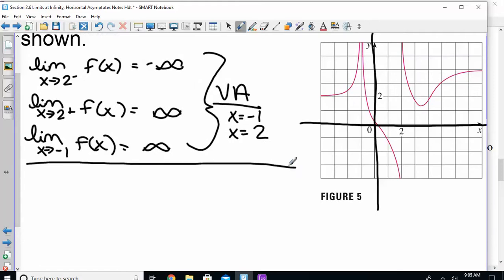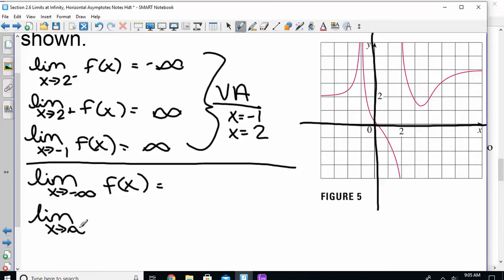All right. Limits at infinity. We have two options. We can do the limit as you approach negative infinity and the limit as you approach positive infinity. So as my graph goes forever in the negative direction, is it approaching any one number? 2.